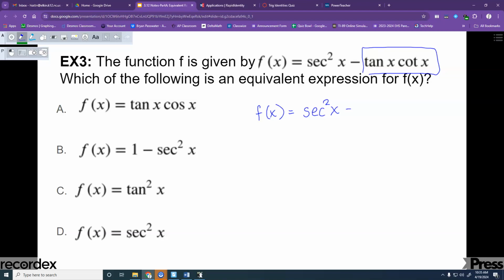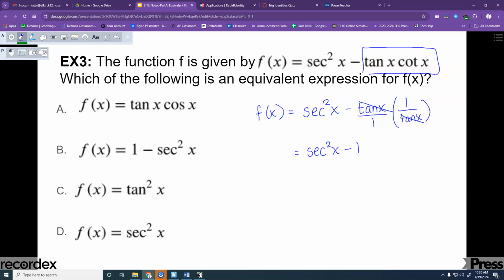I could say that this is tangent x, and I could multiply it by cotangent. I could make that 1 over tangent x, right? Because that's our reciprocal identity. And then this tangent is in the numerator, so it's like over 1. What's going to happen with my tangents? They're going to cancel out. And then I'll have secant squared x. I'm still going to have a 1 there because tangent divided by tangent is 1.